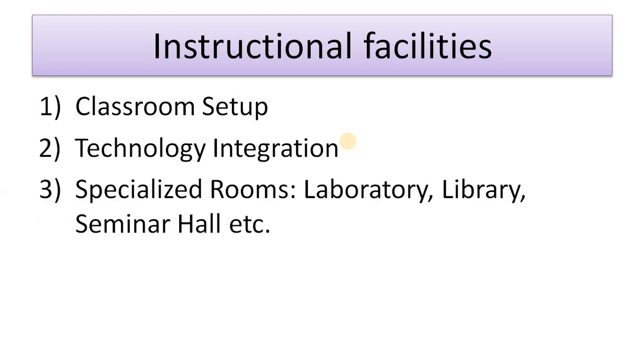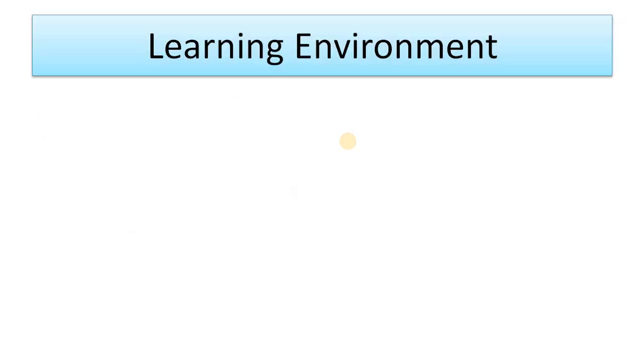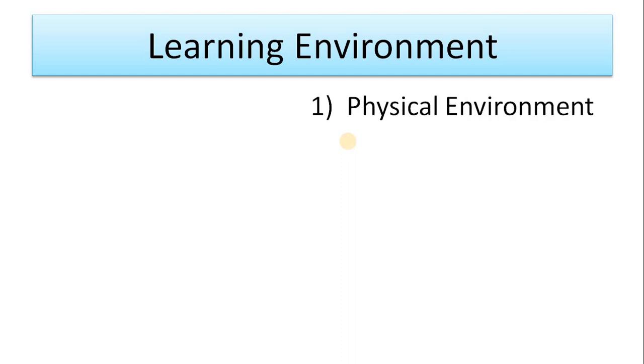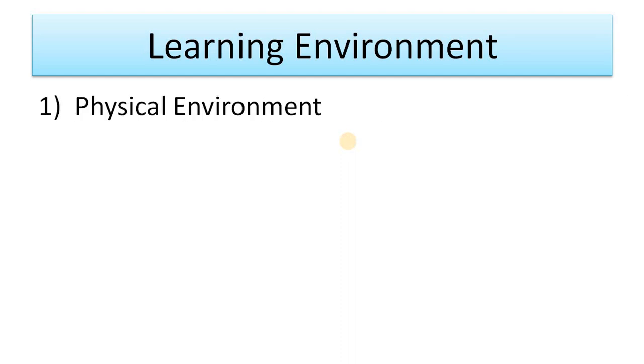Specialized rooms: there should be a laboratory, a library, a seminar hall, so that a student can get the knowledge of all those things. Maintenance: on a regular basis, the institute should be maintained. Learning environment: this factor is very crucial for the development of the students.